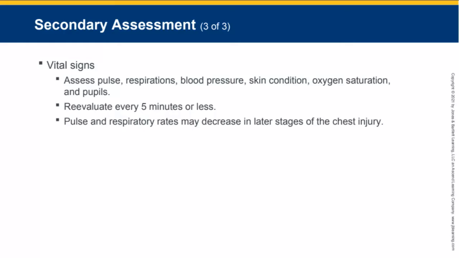Your vital signs at this point will tell you if your treatment is working or not. Is your patient trending up or trending down? So assess pulse, respirations, blood pressure, skin condition, oxygen saturation, and pupils. Reevaluate in 5 minutes or less. Pulse and respiratory rates may decrease in later stages of chest injury.